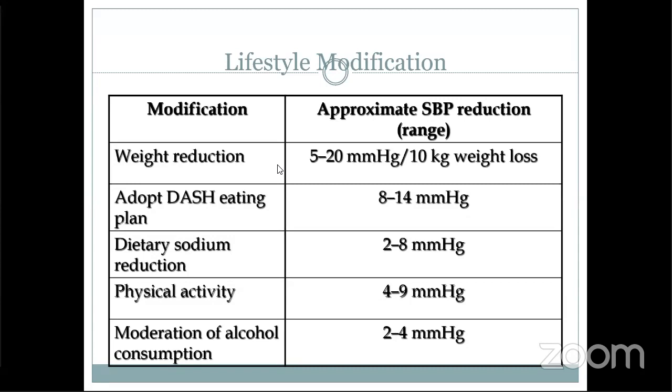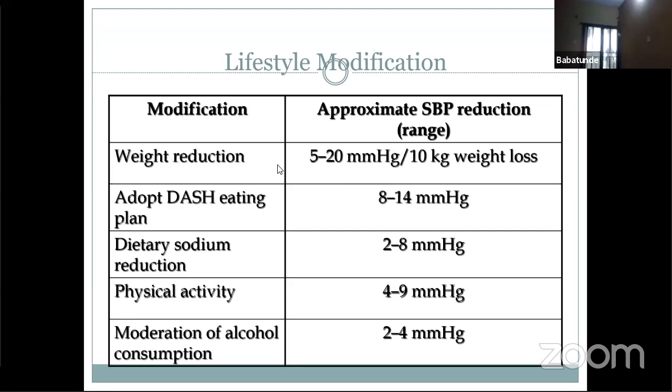The normal body mass index is between 18.5 and 24.9. So if you can work on reducing your weight, something within that range is good.